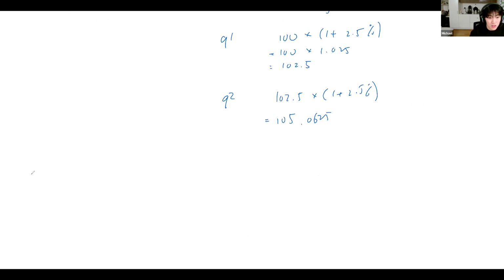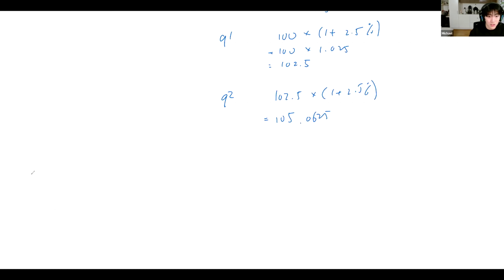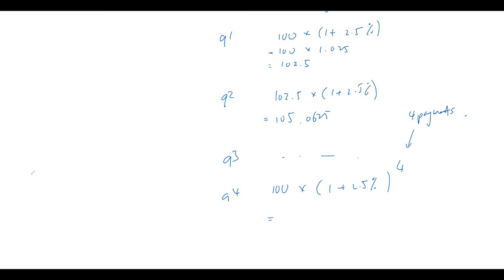And then in quarter three, it'll be the same calculation. And in quarter four, it'll be the same calculation. But overall, it'll be 100 times 1 plus 2.5% to the power 4. This is 4 payments. Does that make sense to everyone? That's where this power comes in.